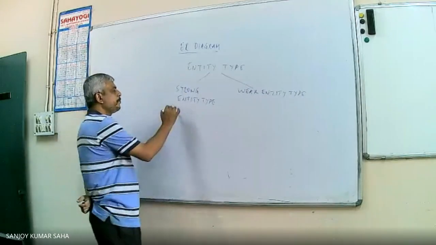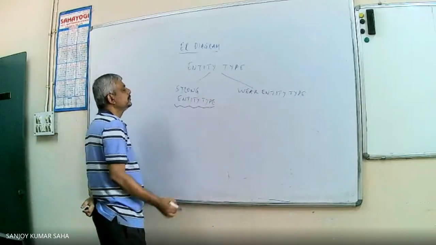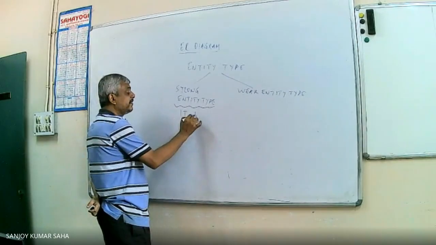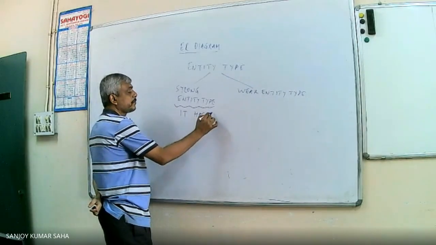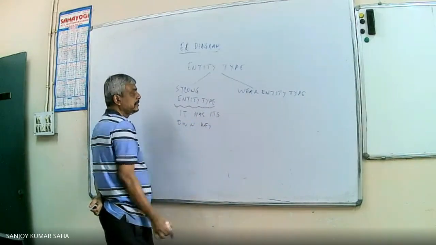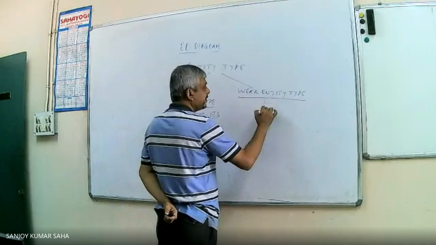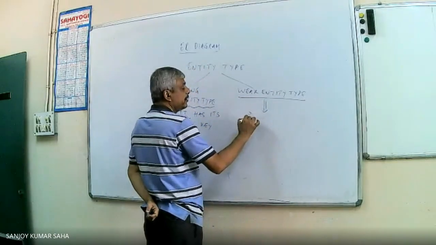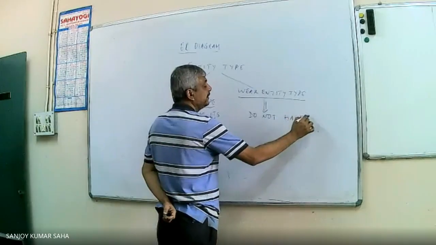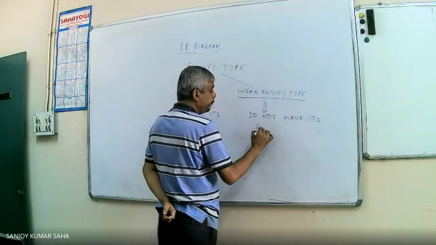Strong entity type means it has its own key. Weak entity type: such an entity type does not have its own key.